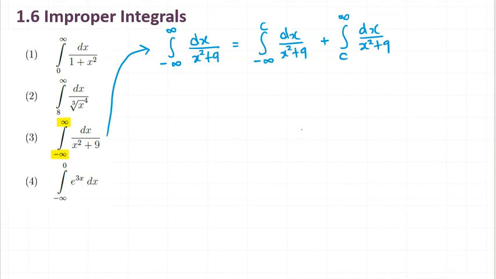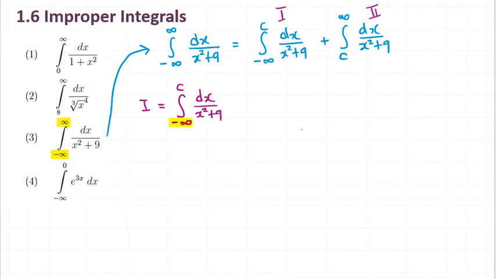We will solve part 1 and part 2 separately. So part 1 is integral minus infinity to c dx over x square plus 9.